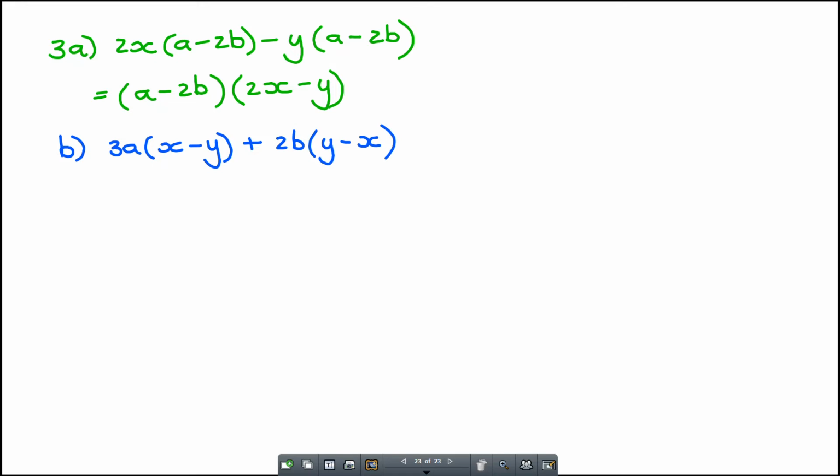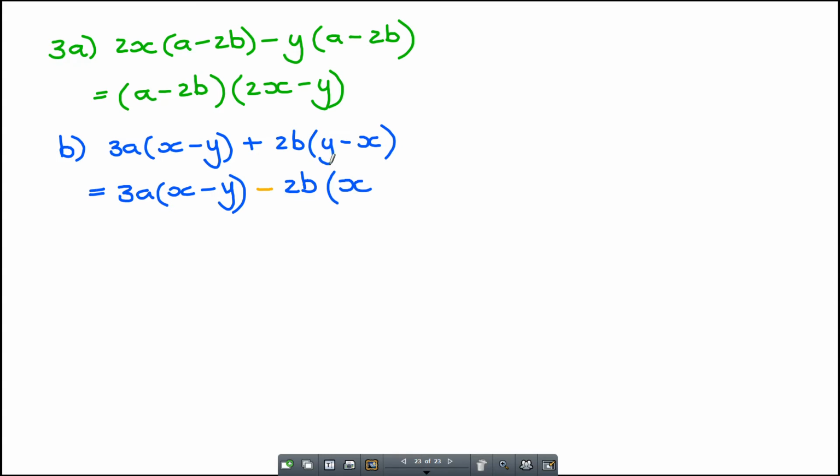So over here, you will see that the brackets are not exactly the same. So what I could have done, the first part, I'm going to stick to that. But if I take out a negative, can you see then that negative x will become a positive x?